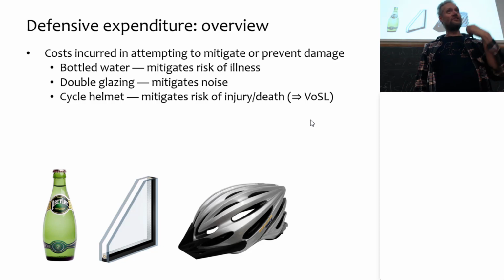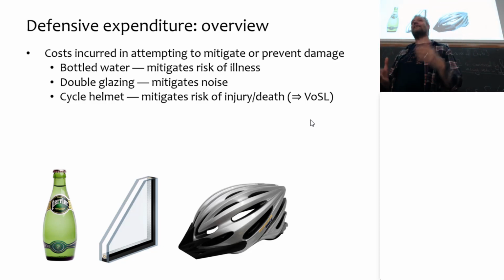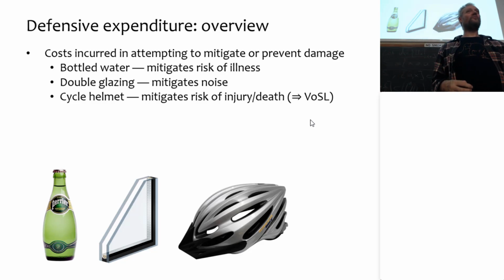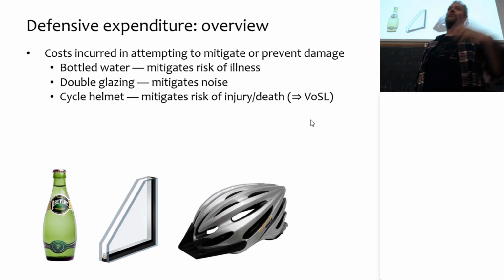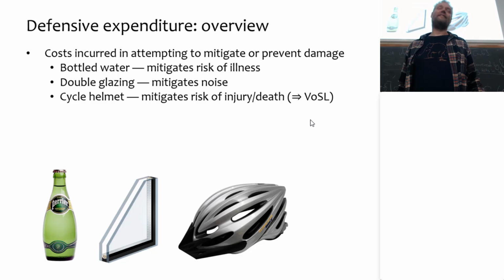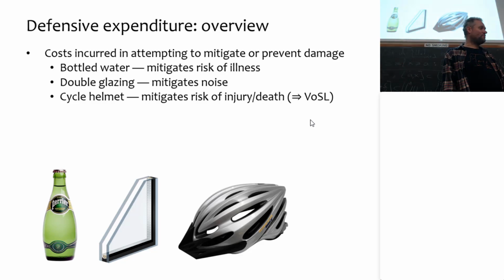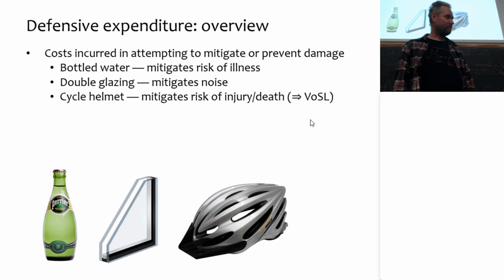So it may sound simple that you say, oh, I'm just going to estimate a demand function for bottled water, but you need to know what people buy this for in order to make it work, right? To shed light on what you're trying to estimate.